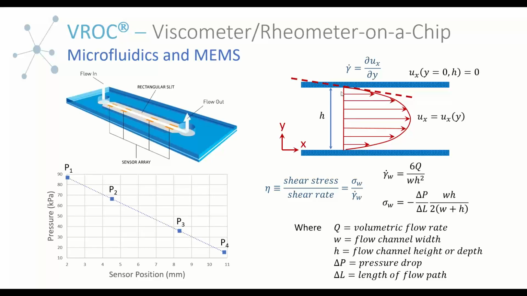The no-slip boundary condition is that the fluid has zero velocity immediately adjacent to these solid boundaries. So that's the second one, the no-slip boundary conditions that we need to meet for our equations to be fully valid.